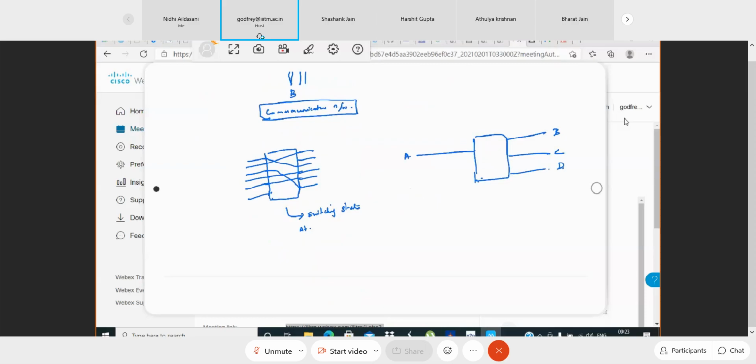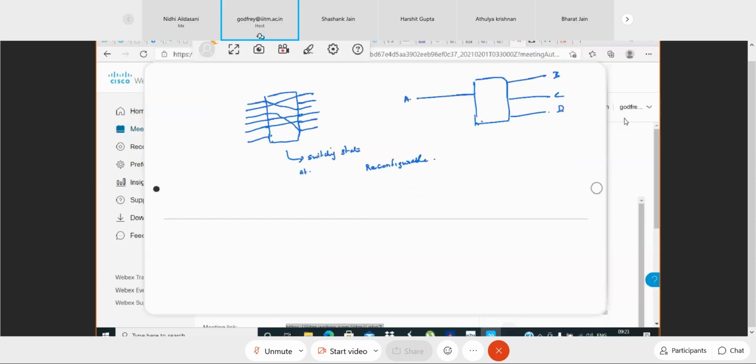Right. So now what we see is that this switching system is reconfigurable, because the state can change at any moment of time, right? Now because the switching system is reconfigurable, it enables the output links to become a shared resource.